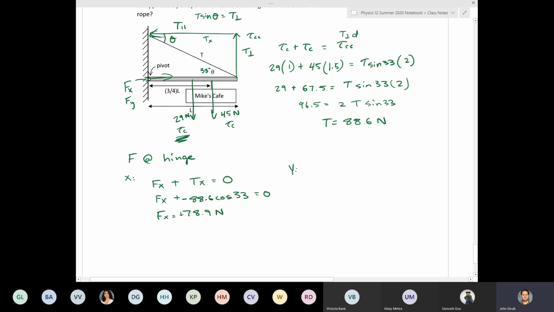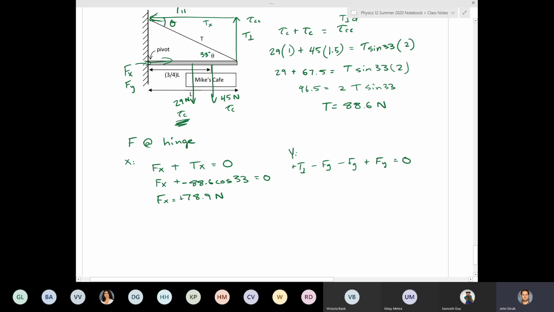all you have to do is start figuring out what all the forces are. So we have T perpendicular, which is going up. We have Fg of the sign going down, Fg of the beam going down, plus whatever that Fy is has to equal 0. So this is going to be 88.6 sine 33 minus 45 minus 29 plus Fy equals 0.